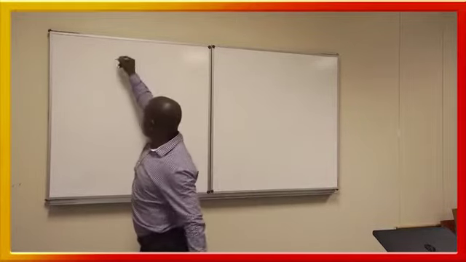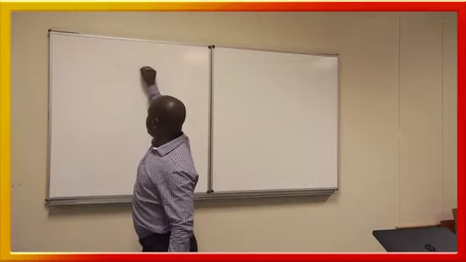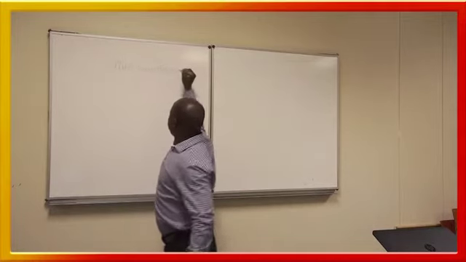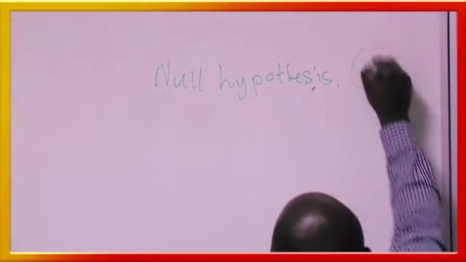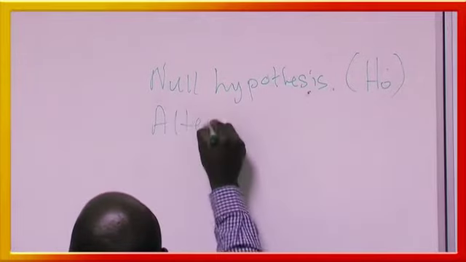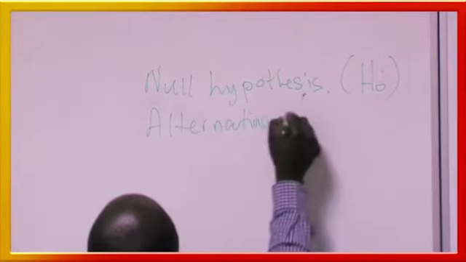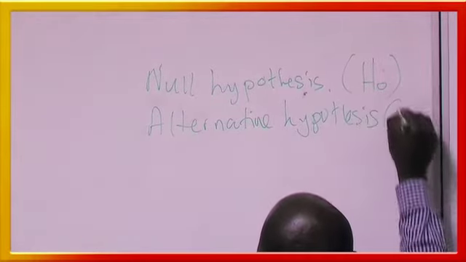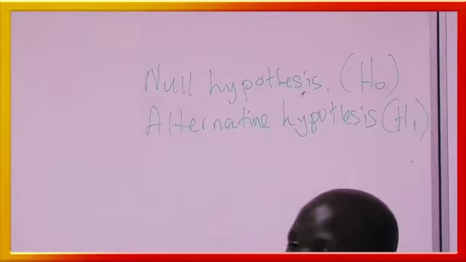So what it means is that in any hypothesis testing, we should have two competing statements. The so-called null hypothesis, usually denoted by letter H0, and the alternative hypothesis, which we normally refer to as H1.